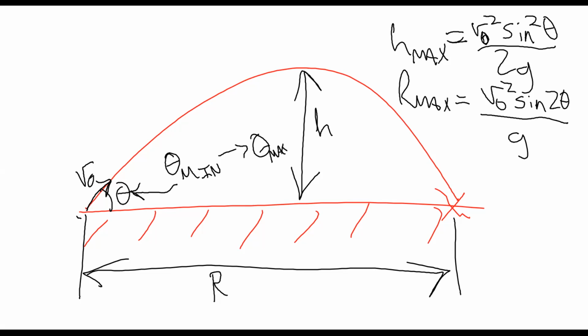Some starting angle, like the lowest firing angle that I'm going to look at. Let's call it 15 degrees for kicks and giggles. The highest angle that I'll look at, let's call it 80 degrees. And in theory, that should be enough information to solve the entire problem.